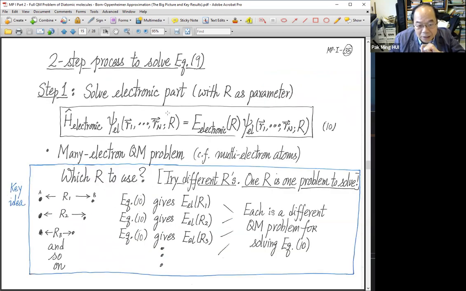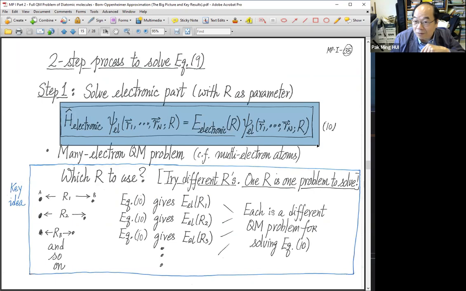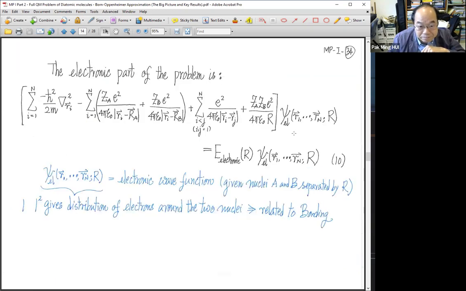R is a parameter. Therefore, we should try other values of R, say 3 angstrom, R2. Once you have given an R2, it is a new problem to solve, because the Hamiltonian has this, and these are now located differently.